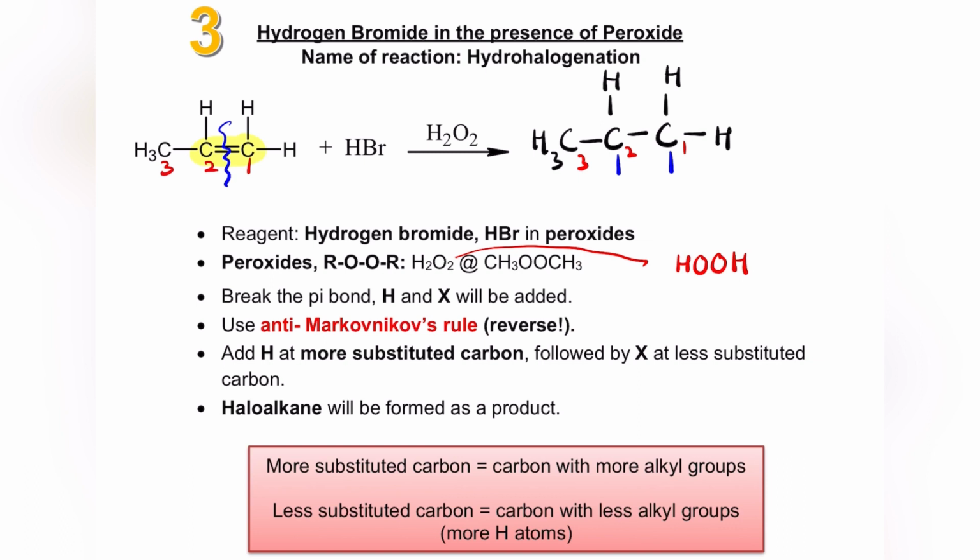So, yang kurang hydrogen adalah carbon 2. So, hydrogen akan attach kepada carbon 2. So, here is hydrogen. And then, satu lagi atom adalah X. X akan pergi dekat carbon yang banyak hydrogen. Ini adalah anti-Markovnikov's rule. Dan produk dia masih lagi sama, awak hasilkan haloalkane.